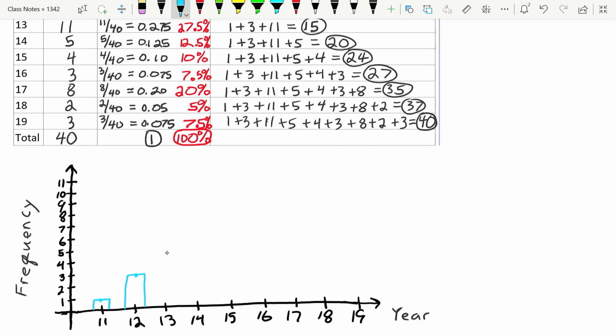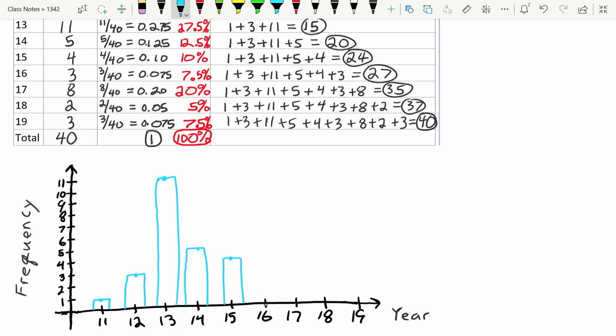For 13, we had a frequency of 11, so our bar is going to go all the way up to 11. For 14, we had a frequency of 5, so our bar is going to go up to 5. For 15, we had a frequency of 4, so our bar is going to go up to 4.